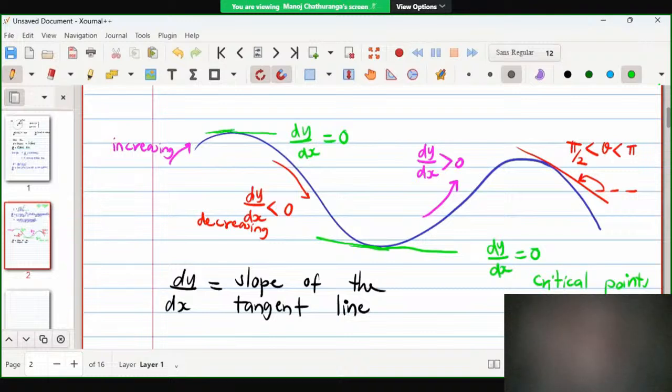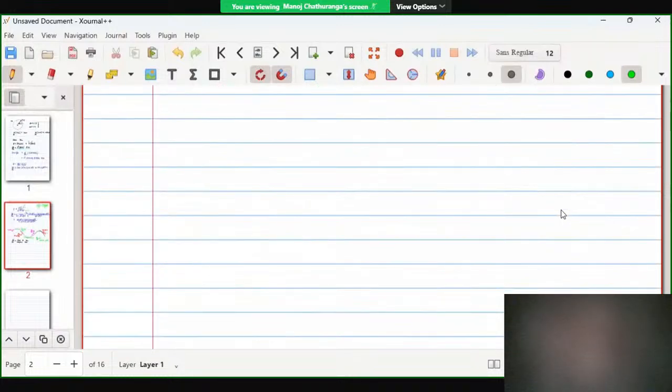It helps us understand where the function is increasing, likewise points where the function is decreasing, and critical points. Even for complicated functions, this is the case.